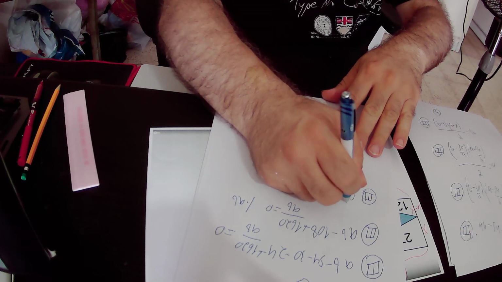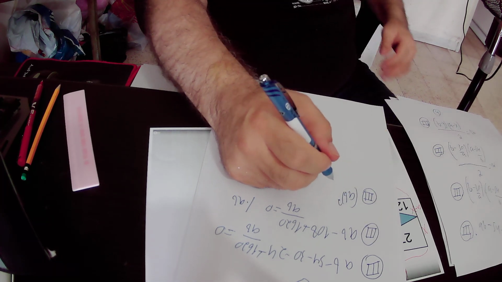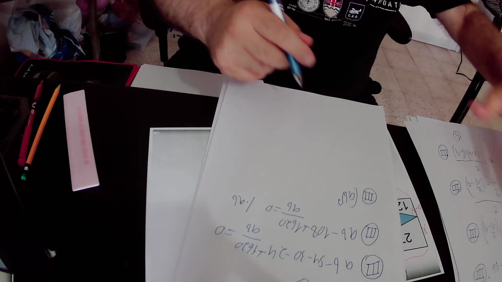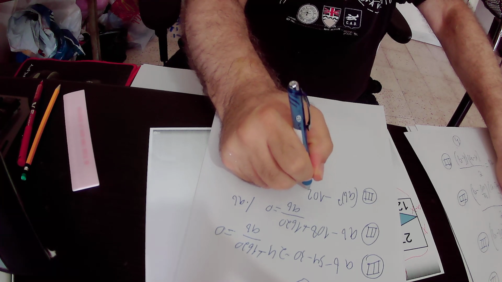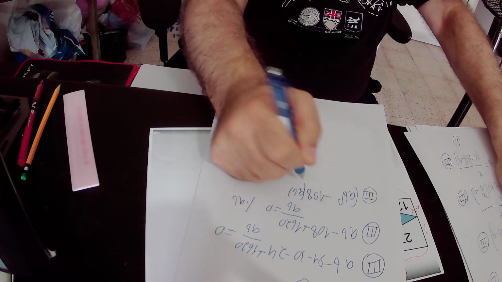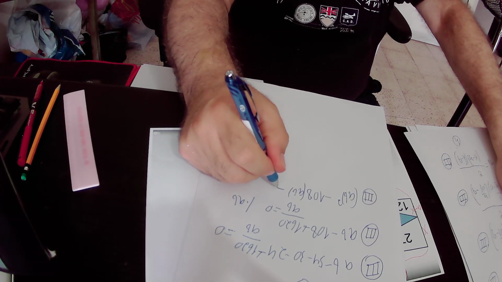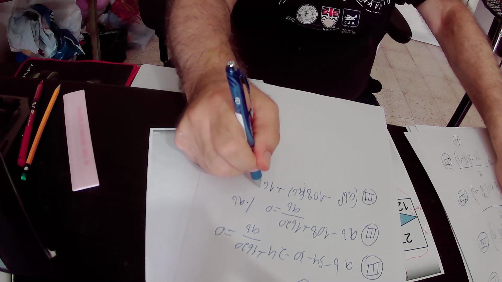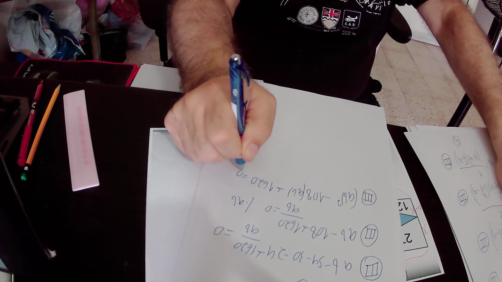We get ab squared, because ab times ab is ab squared, negative 108 times ab is negative 108ab, and 1620 over ab times ab is 1620, and 0 times ab is 0.